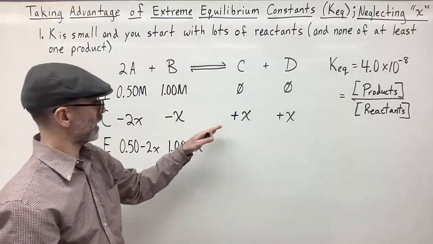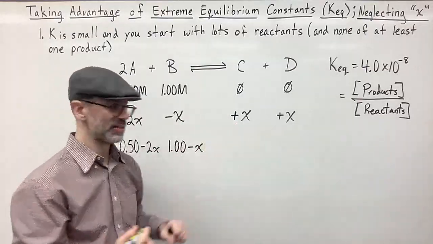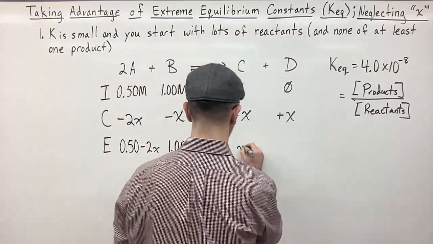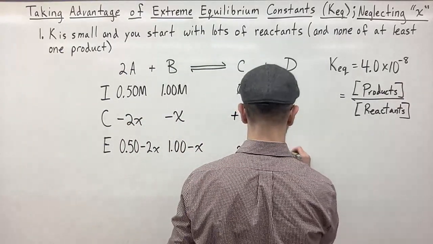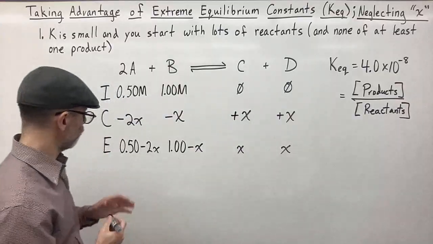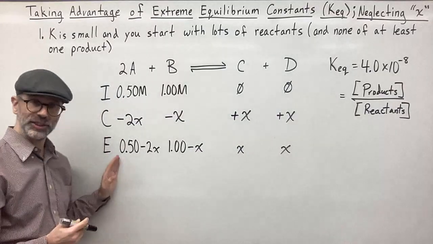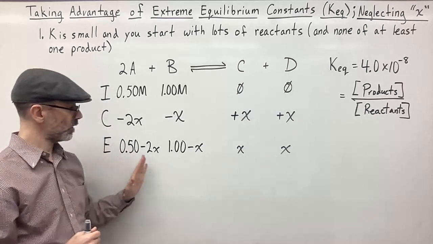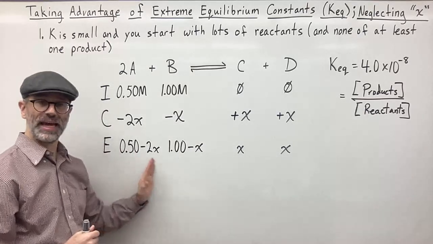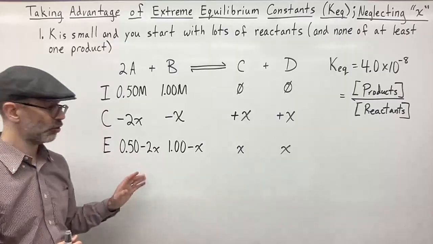And then I add these together, but 0 plus x is just x. And here, 0 plus x is just x. So now I have my concentration expressions at equilibrium. So these are the concentrations of A, B, C, and D at equilibrium in terms of x.